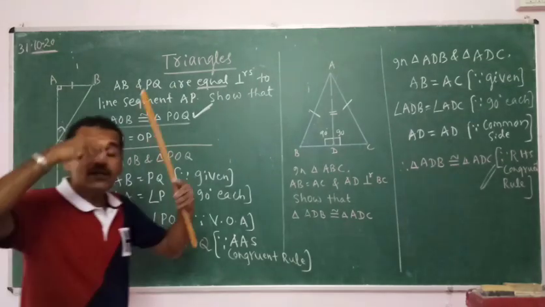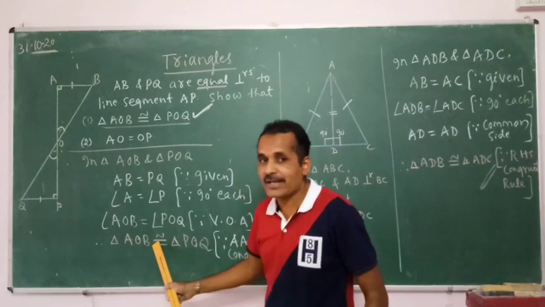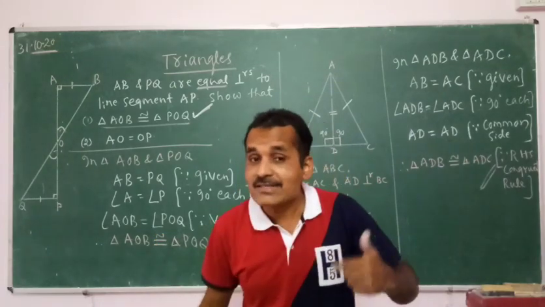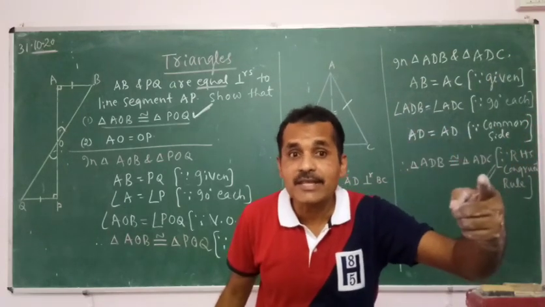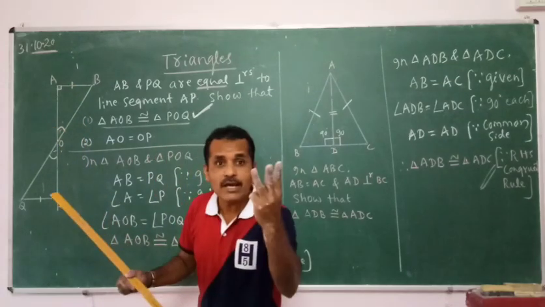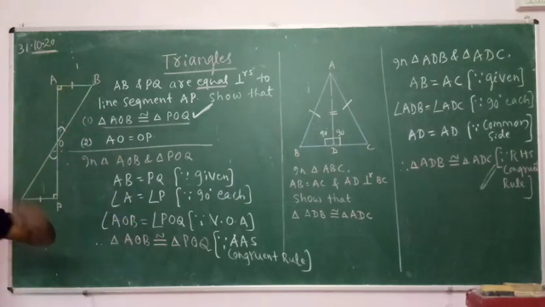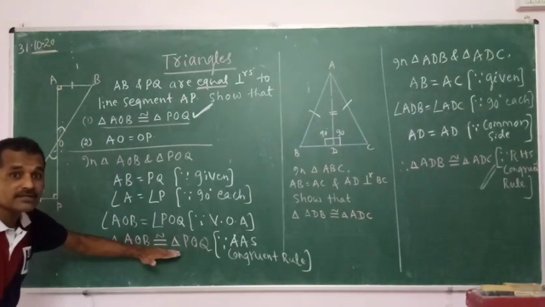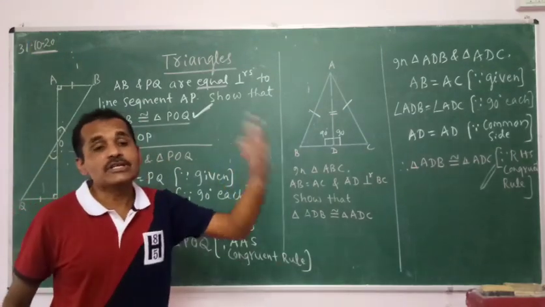Once you prove the triangles are congruent, I can say the remaining three are also equal to each other.